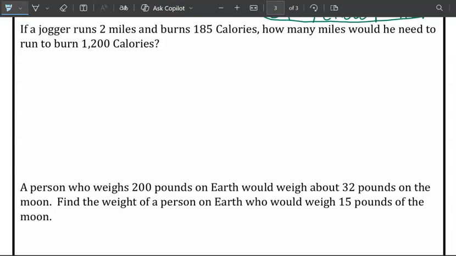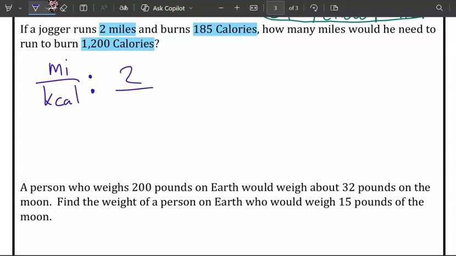If a jogger runs 2 miles and burns 185 calories, how many miles would he need to run to burn 1,200 calories? All right, let's have miles over calories. 2 over 185 equals something over 1,200.